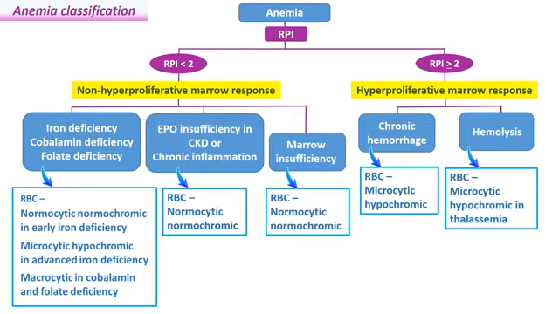And what is the RBC pattern? Usually it is normocytic normochromic, but in case of thalassemia, it is hypochromic microcytic RBC.